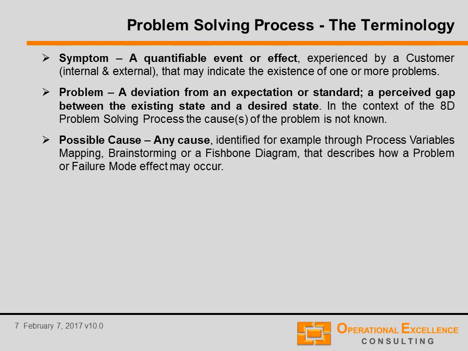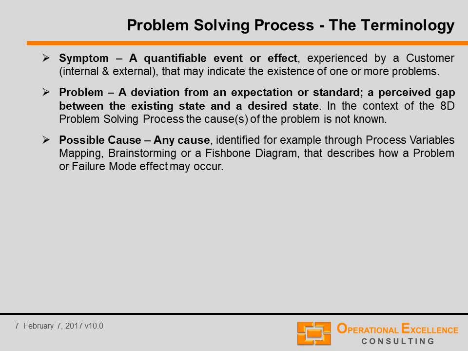Now, once we understand the true problem we need to solve, because that problem is responsible for the symptom, we need to figure out a way to identify possible causes. What are the possible causes of that problem that causes that symptom? There you will see there are different tools that you can use, like process variables mapping or brainstorming or a fishbone diagram, to identify possible causes of a problem.